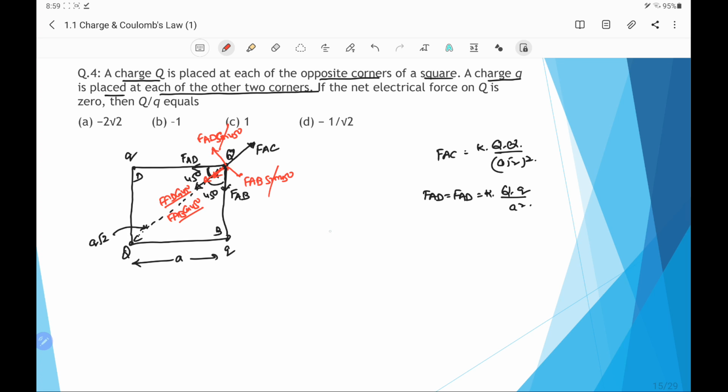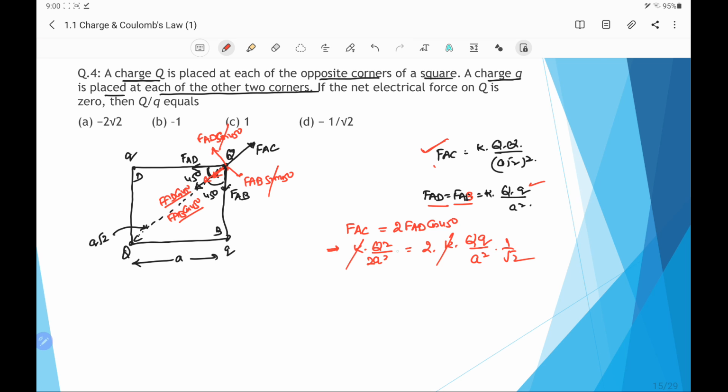Therefore, we can say that FAC will be equal to twice of FAD cos 45, because FAD is equal to FAB. This implies that K into Q square by 2a square, from this FAC, is equal to 2 into FAD, which is K into Q into small q by a square, and cos 45 is 1 by root 2.